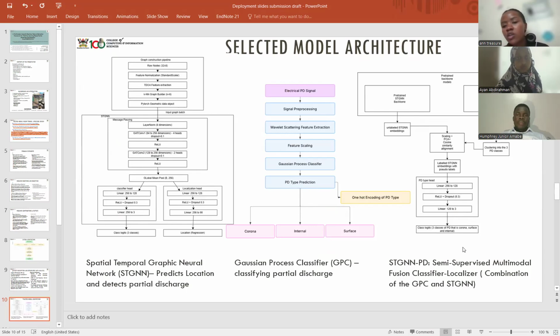With this, we're able to generate pseudo labels that we used to classify the different types of partial discharge in the unlabeled graph neural network. Of course, this methodology has a few limitations and a few assumptions that we use, but we're going to explain that in the next slide.